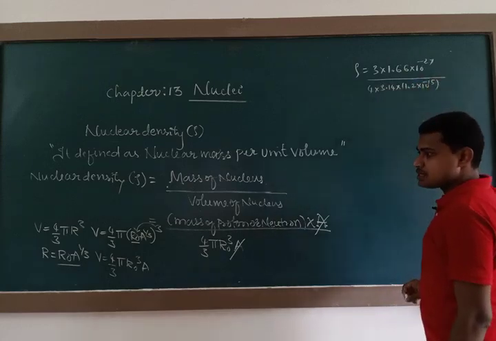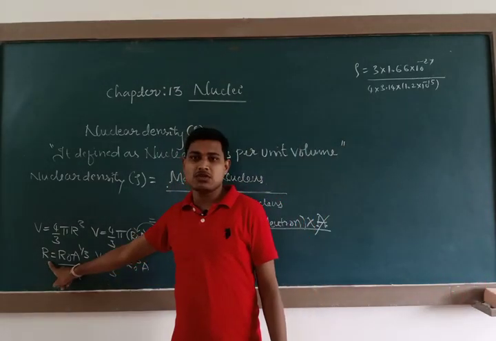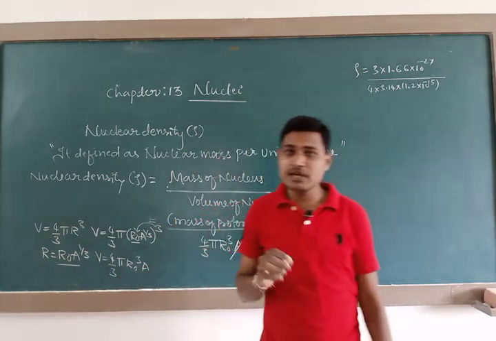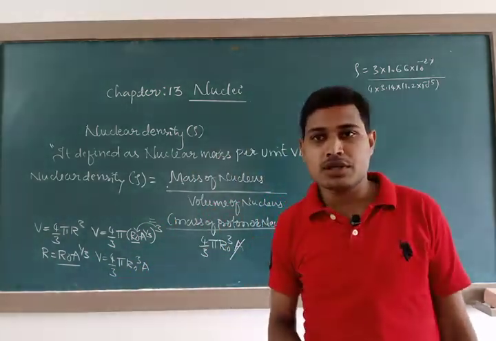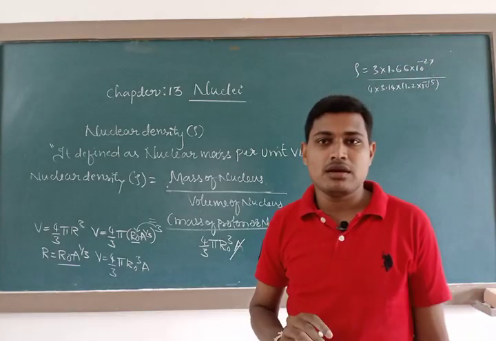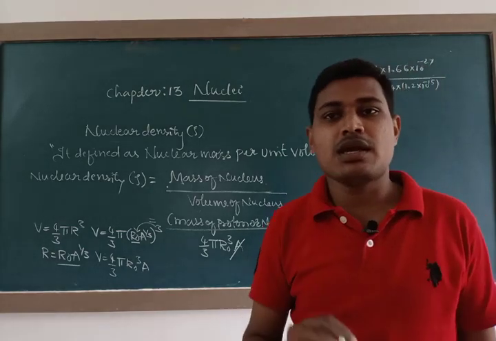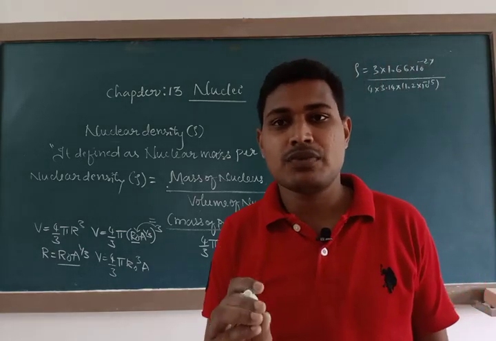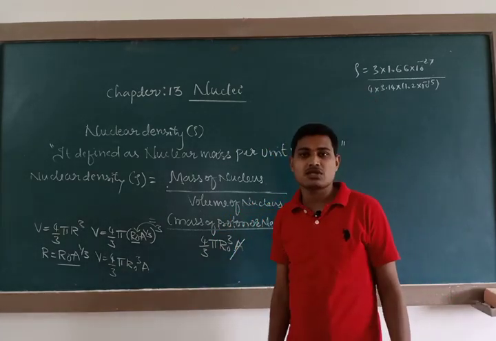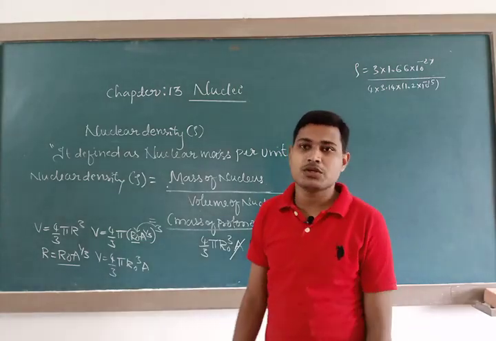Don't forget r naught is the proportionality constant between the mass number and the radius of the nucleus, and we treated r naught as the smallest nuclear radius, corresponding to the hydrogen atom.